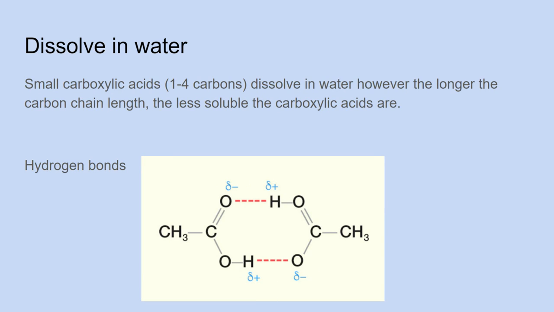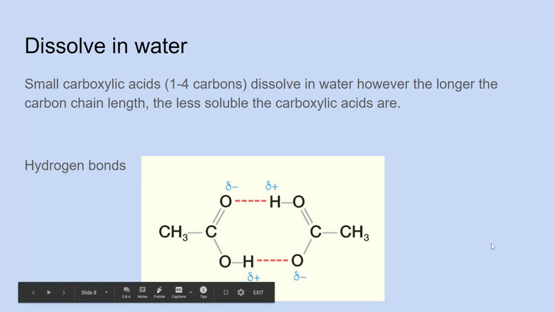That is not something you're expected to know about, the hydrogen bonds. However, it does explain why longer chains don't really bond with the hydrogen and oxygen in water very well. Okay, that's why they can't dissolve as well.